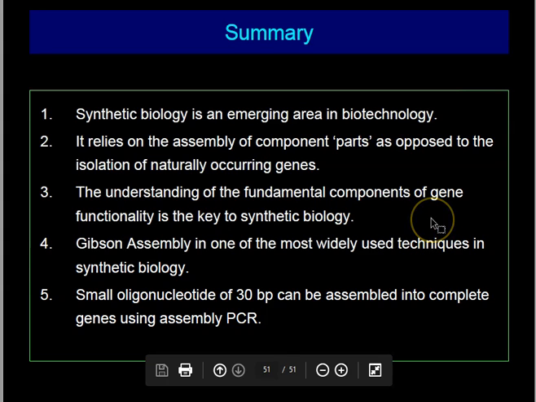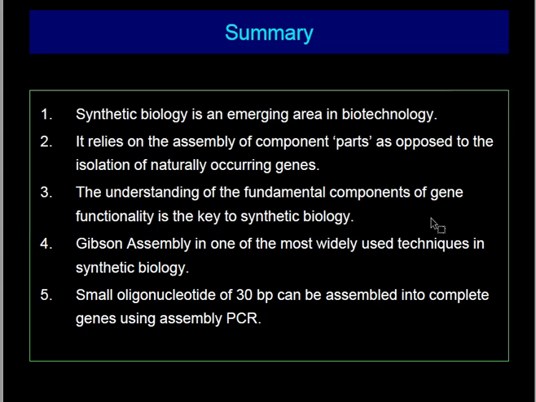So this brings us to the end of this particular lecture on synthetic biology. To summarize, synthetic biology is an emerging field of biotechnology which utilizes genes in terms of their functionality. So you can imagine synthetic biology as an engineering aspect of biology.